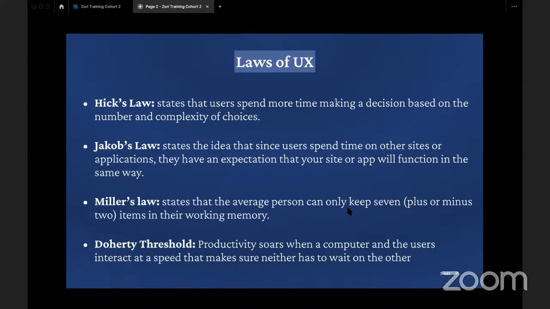So guys, what do you think Jacob's law is all about? I mean, do not just state or write what is written on my screen.